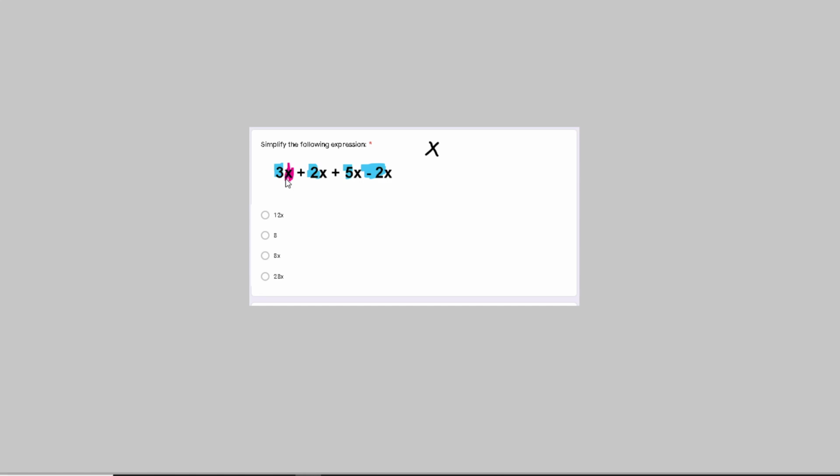We said these all have an x, so we're allowed to do this. If there's a y in it, then we'd have another term we have to throw in, but we don't. So these are all like terms. So this means that we're going to do 3 plus 2 plus 5 minus 2, and whatever that is, times x. The 3 plus 2 is 5, plus another 5 is 10, minus 2 is 8. So this gives us 8x.